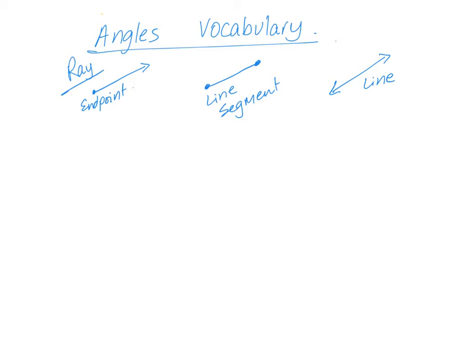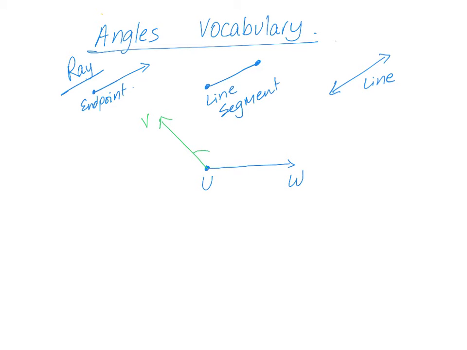So let's say we have a starting point and a ray, UW, sorry. And then there's a different ray going this way, UV.